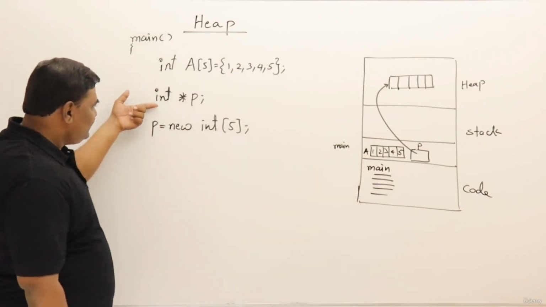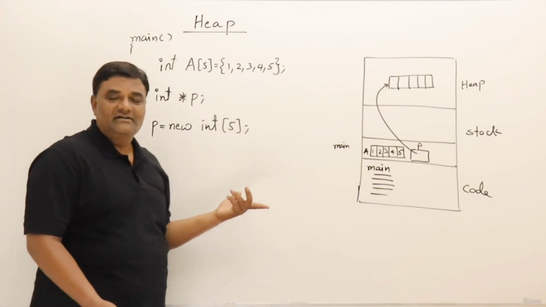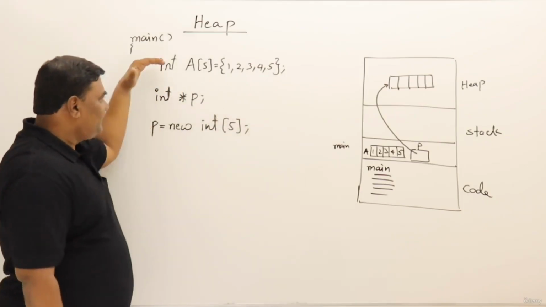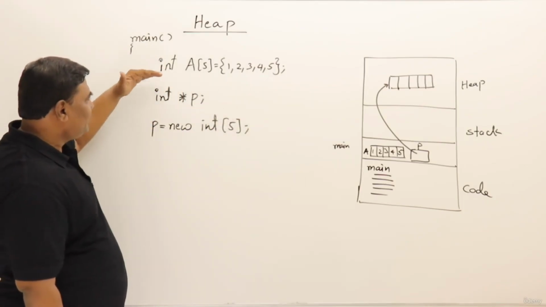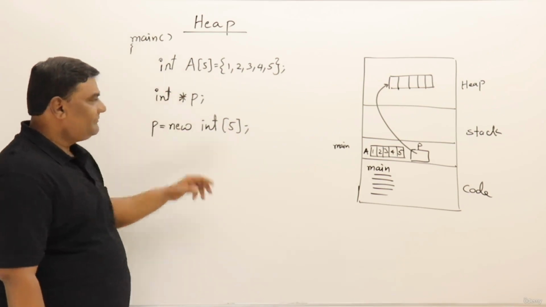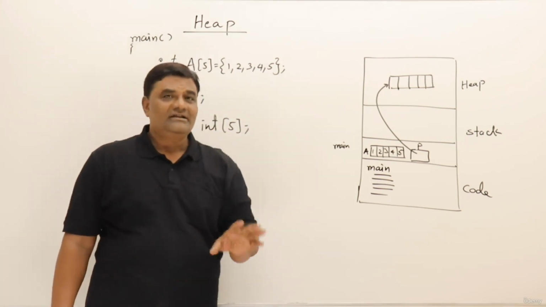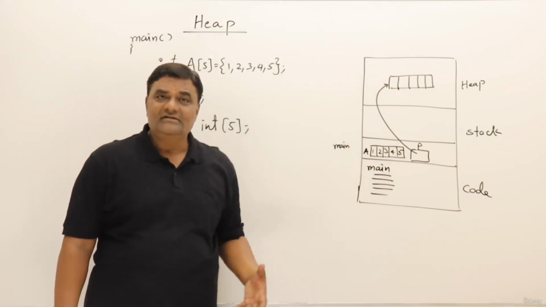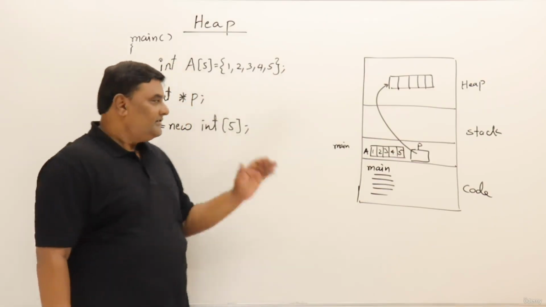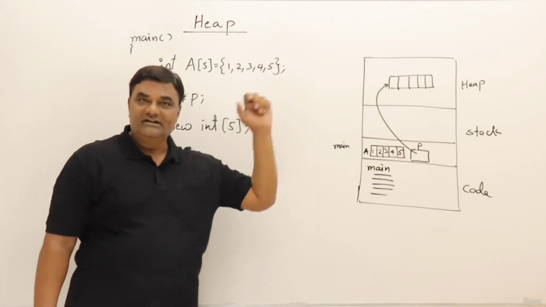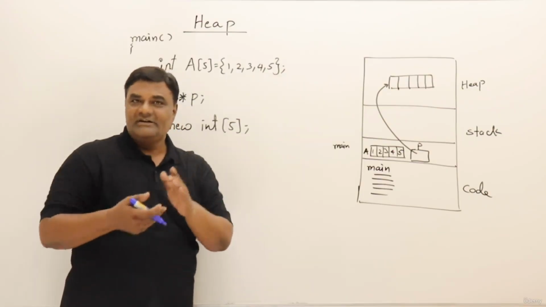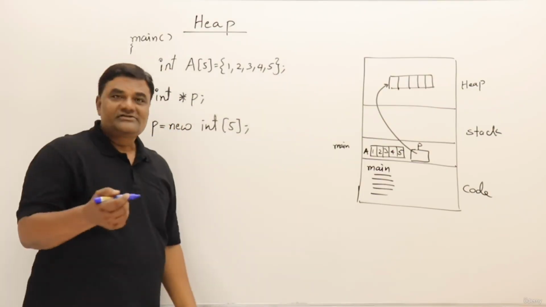If you see int *p, again it is in the stack. Whatever variables you declare inside the program, let us say the main function, I have declared two variables. All variables will get the memory inside the stack. Then when do you get memory in heap? On this side, new. When you say new, you will get the memory in heap, and that address should be kept in a pointer variable. That's all.